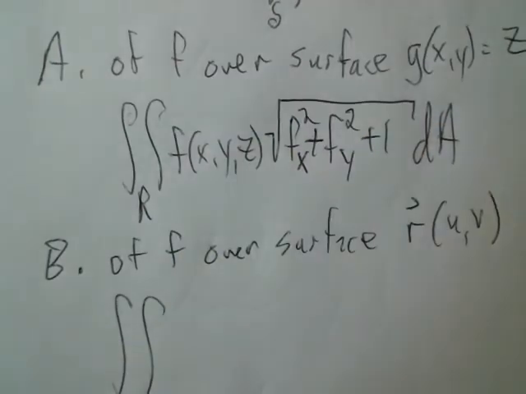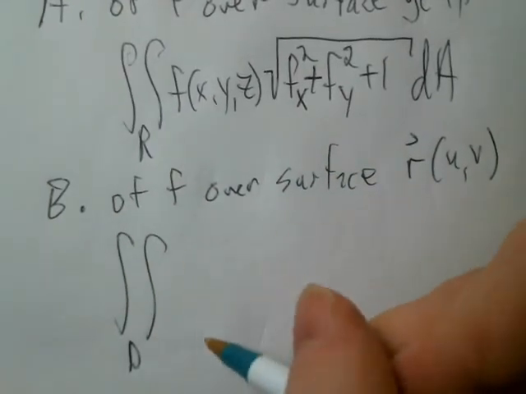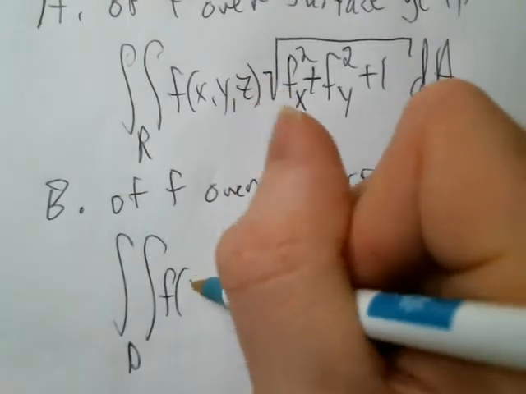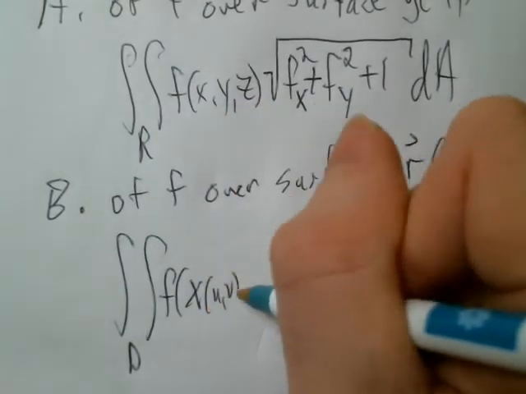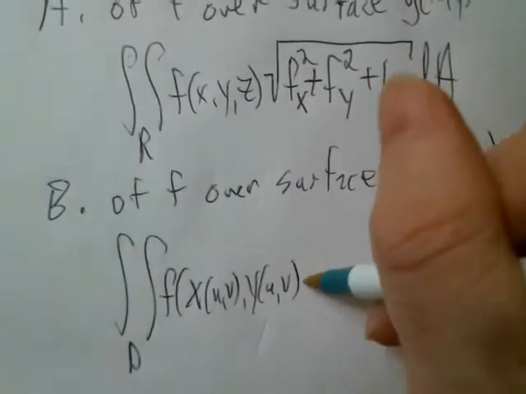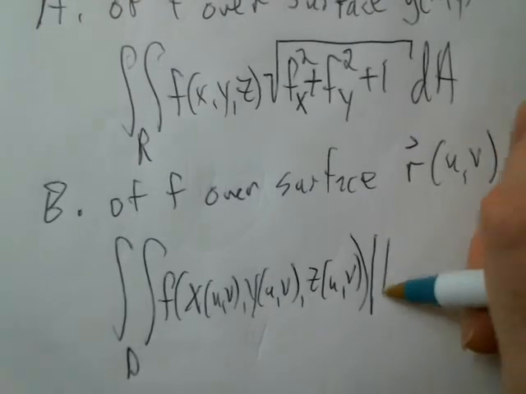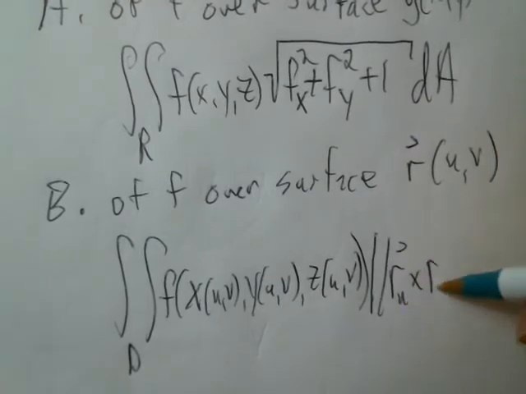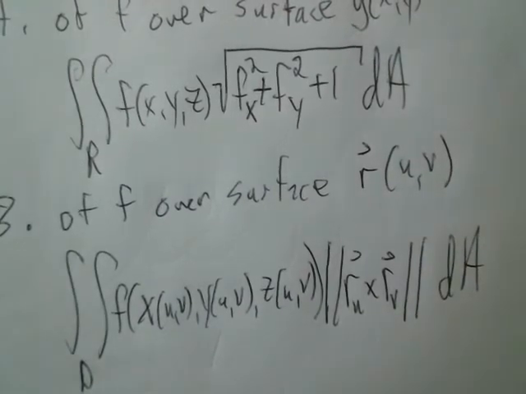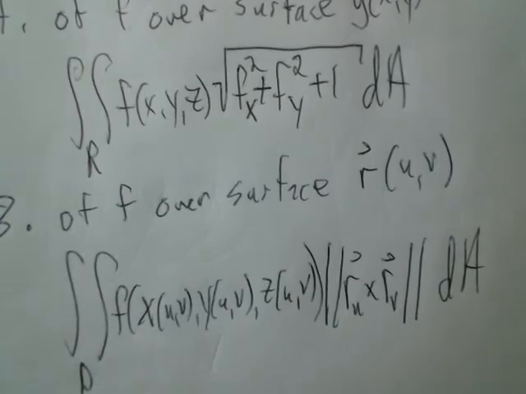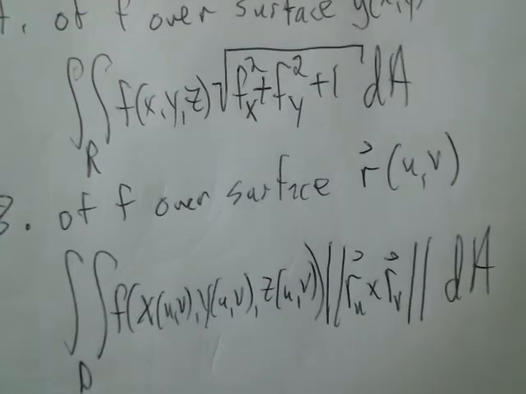So it's a double integral over some region in the uv plane, and then you have f of, and you have to reparameterize x, y, and z in terms of u's and v's. And then we have the cross product thing, and then dA. A lot of fun, huh? Obviously, once you get a handle on this kind of thing, you just hand it off to a computer, but it's an incredible thing. You could build these things to do anything you want.